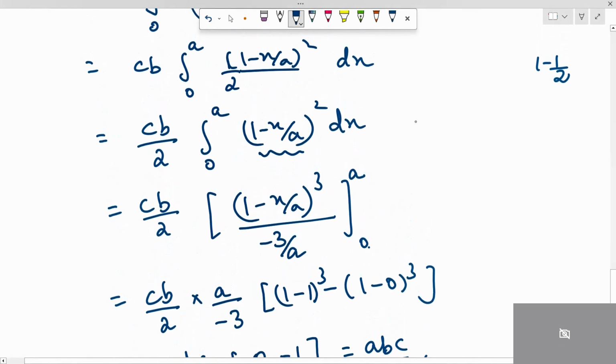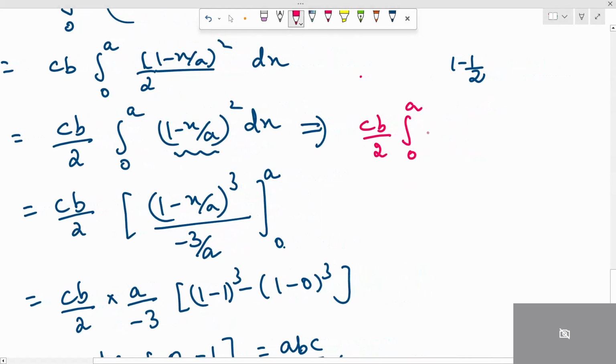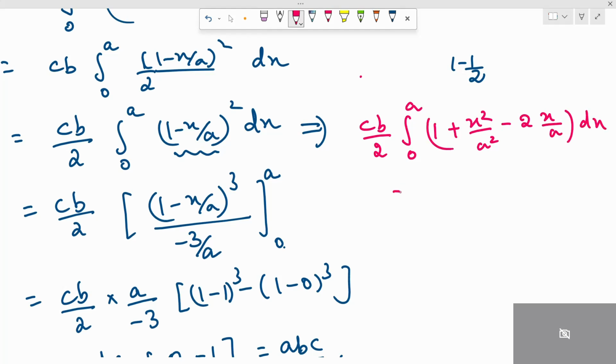In the same problem, if we apply the a minus b whole squared formula, look at this, cb by 2 is there. First you expand this one, just like a minus b whole squared formula, a square plus b square minus 2ab, into dx. Now integrate with respect to x.